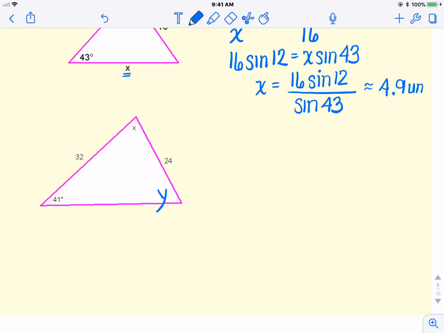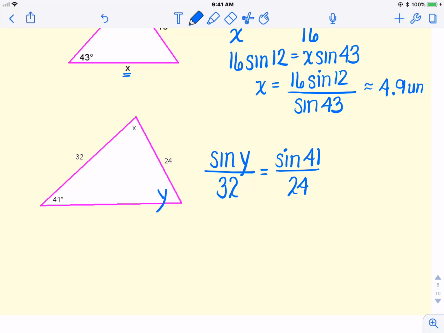And since from the one I labeled y, just randomly, I do have the side across from it, 32, I could say that the sine of angle y, across from its 32 length, should be able to be put into proportion with the set I have both of, sine of 41 degrees over 24. It's the side across from it.